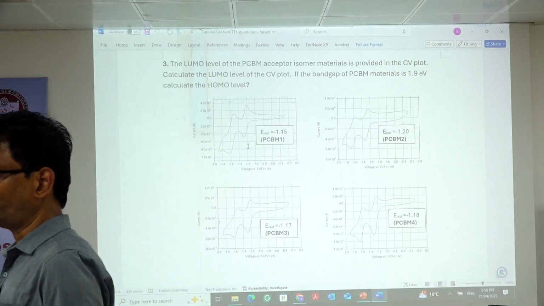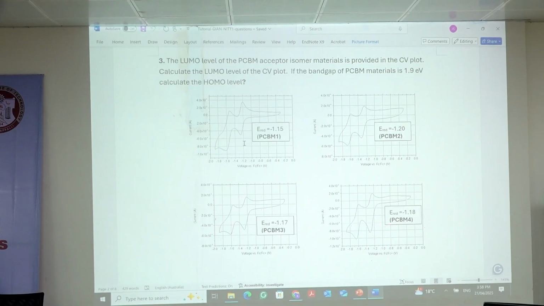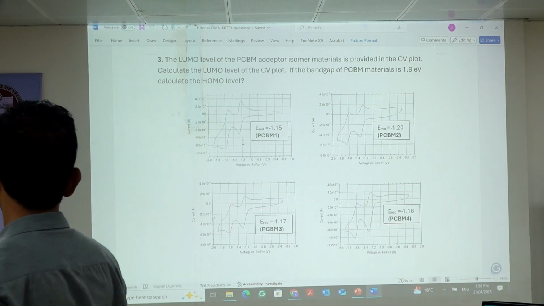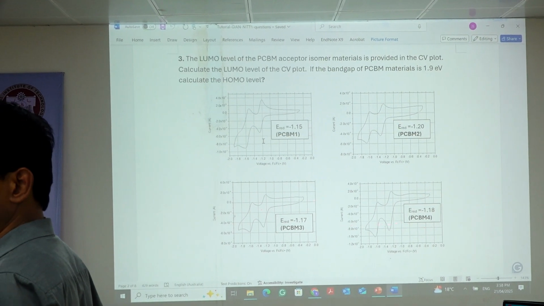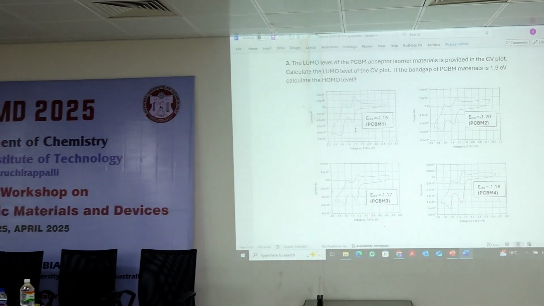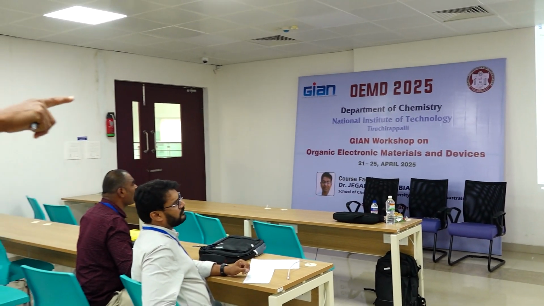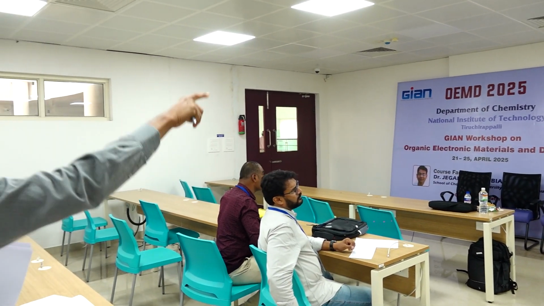That means minus 4.8 and minus the reduction. Then you use that, right? Then that gives the LUMO. I already gave the reduction in the bracket. You use that value.